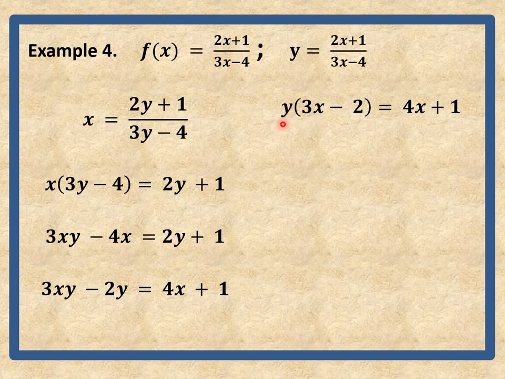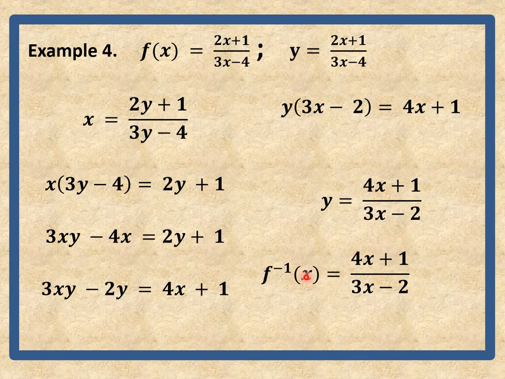In order to eliminate the coefficient of our y here, or the terms that will make y stand alone, we have to divide this by 3x minus 2 and also divide this by 3x minus 2 so that 3x minus 2 will be cancelled. Therefore, y is equal to 4x plus 1 all over 3x minus 2.